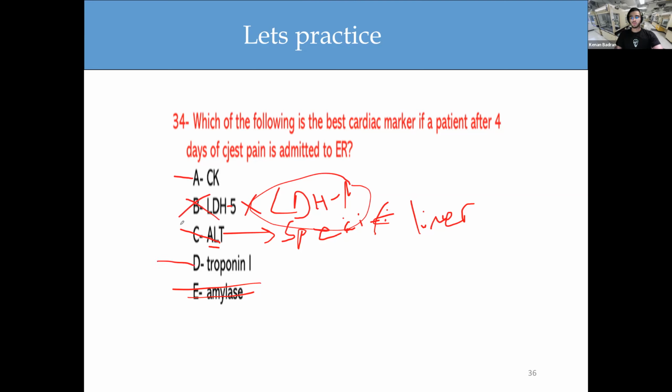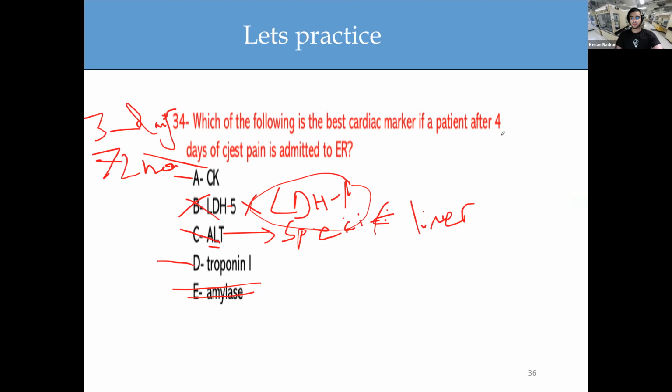This is where you need to know when the levels return to normal and when they peak. CK takes 3 days, so that's 72 hours to reach normal levels.